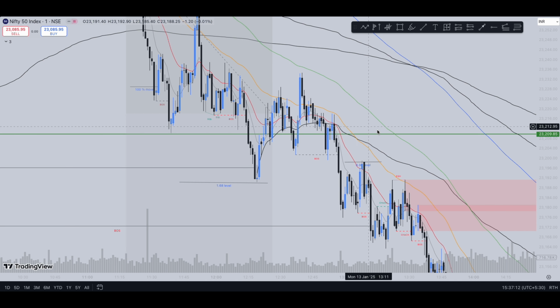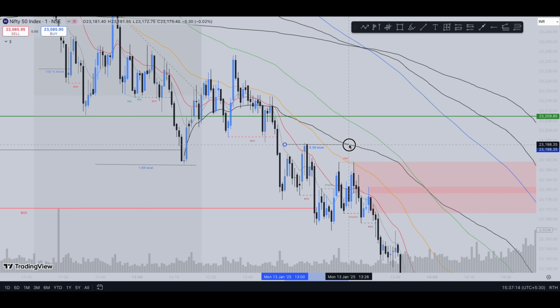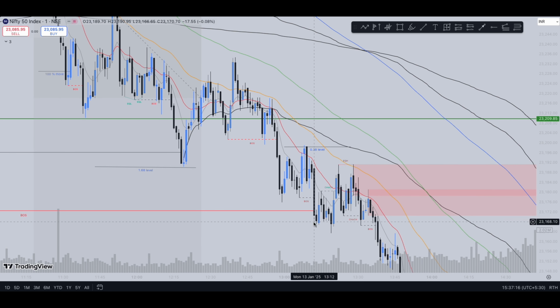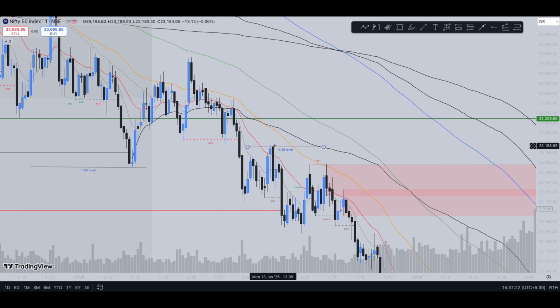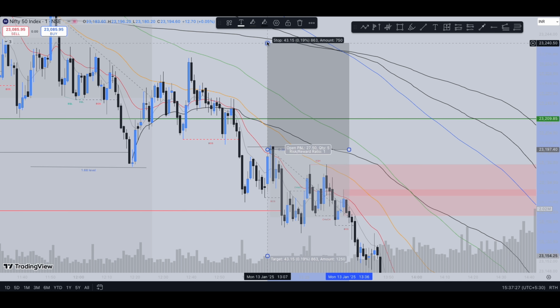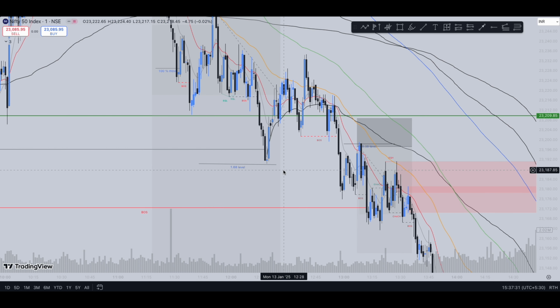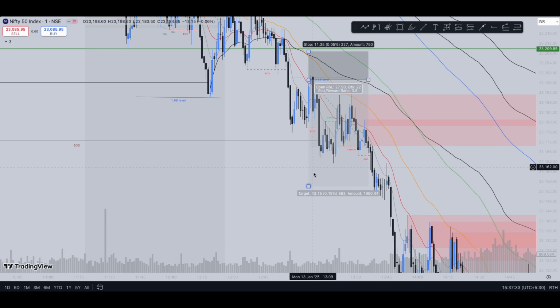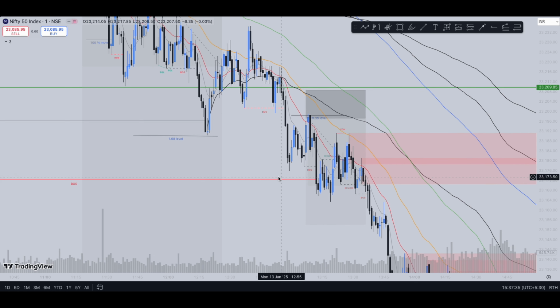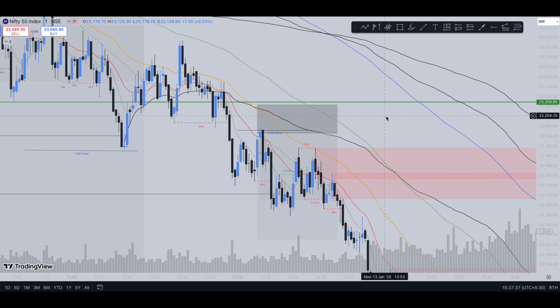The market couldn't cross 0.38 level, and it faced rejection and the price continued further. You could have just placed your stop loss here, taking a short position, keeping your stop loss just above this VWAP level, this anchored VWAP level, and you could have trailed your stop loss all the way to your reward ratio.